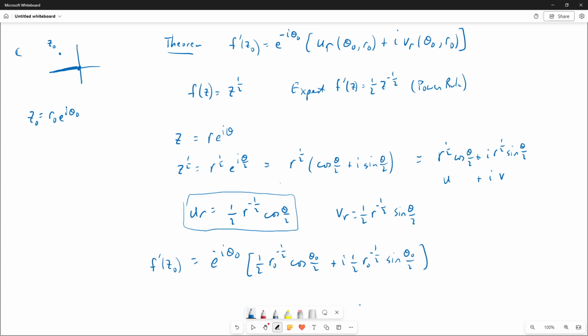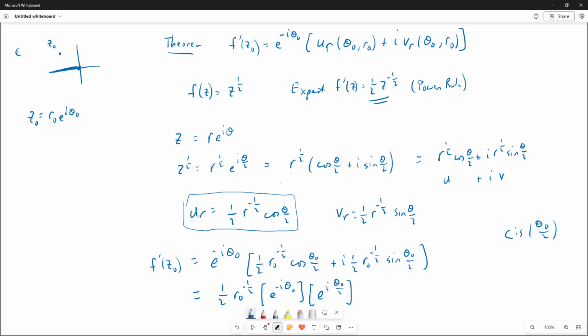So there's our derivative. Let's clean it up and see if it turns into 1/2 times z to the minus 1/2. So we can factor out 1/2 r0 to the minus 1/2, and then we're left with e to the minus i theta 0, and then we're left with cosine theta over 2 plus i sine theta over 2, which is the same as cis theta 0 over 2, which is e to the i theta 0 over 2.